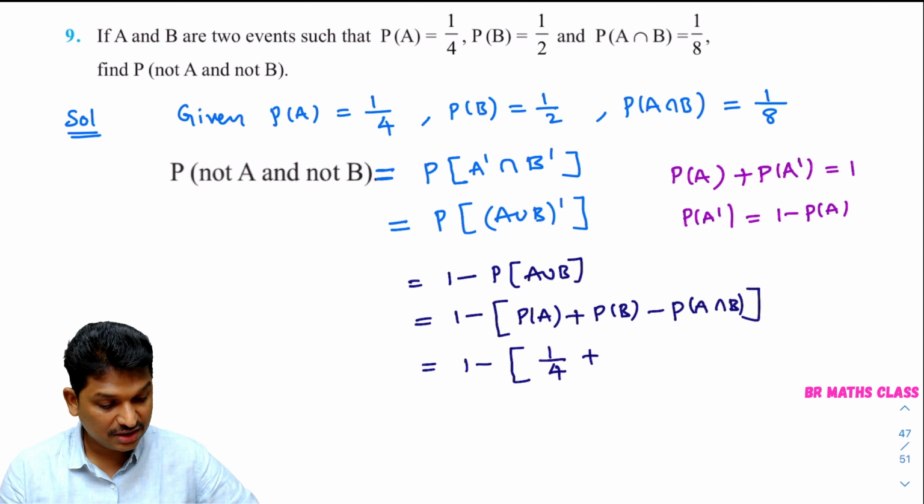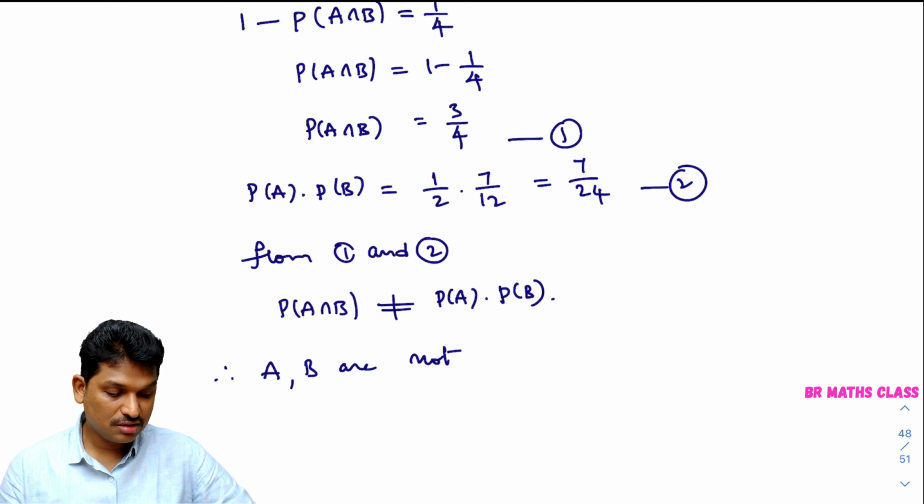State whether the events are independent. As probability of A intersection B is not equal to probability of A into probability of B, we say that the events A, B are not independent.